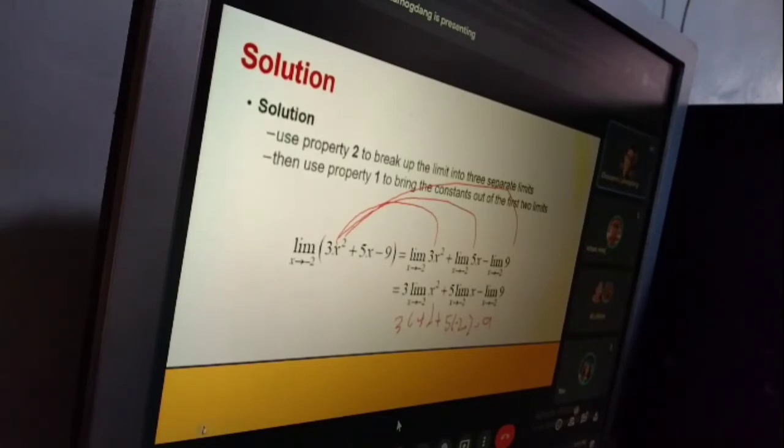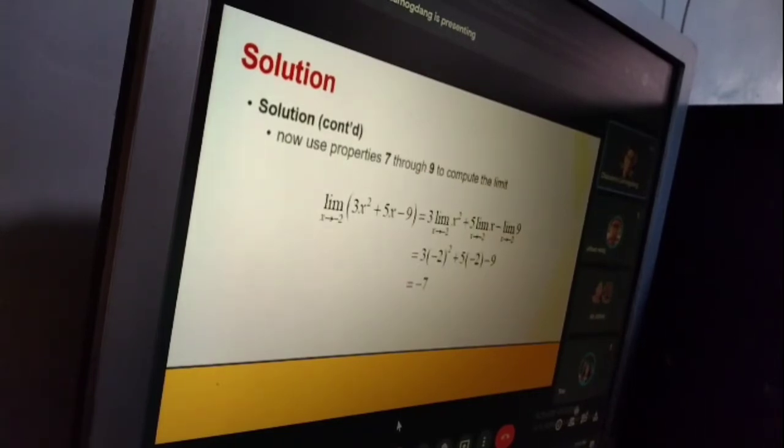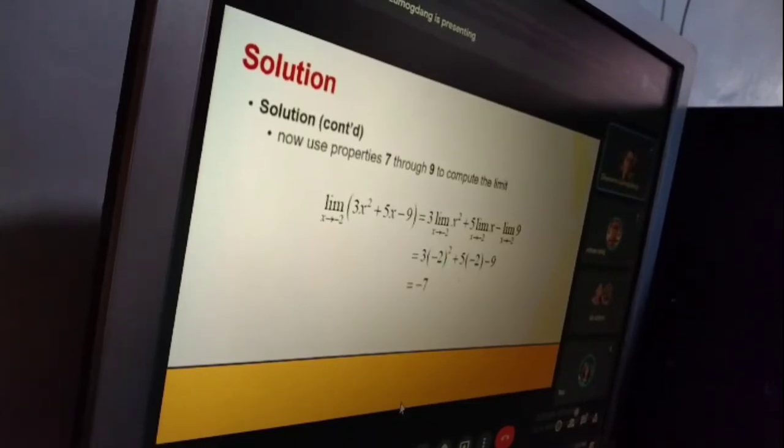So the answer is equal to negative 7. Okay? So ito siya. Substitute lang para mas mabilis. May tanong doon? Before I proceed to the next question or example? Wala po. Okay.